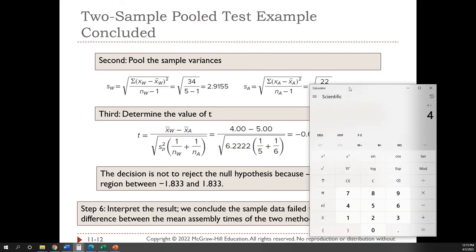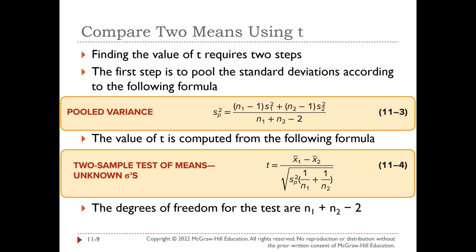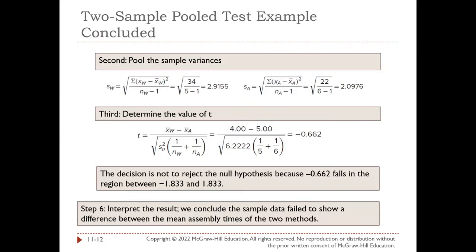So using our calculator, we'd have 4 times 2.9155 squared. I'm going to be going back and forth. Okay, so we're going to add it to the same thing.